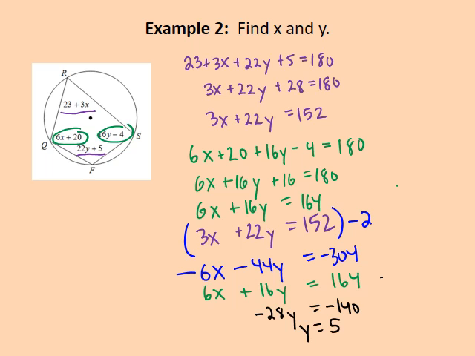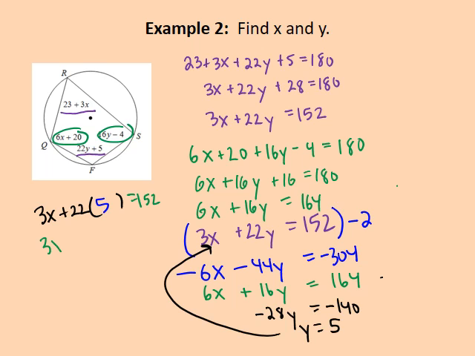Now I'm going to take this y equals 5 and plug it back into probably the most efficient equation, so probably that one. So I'm going to say 3x plus 22 times 5 equals 152.